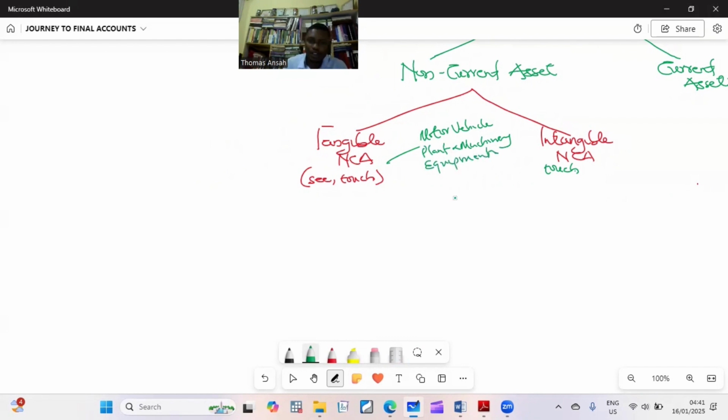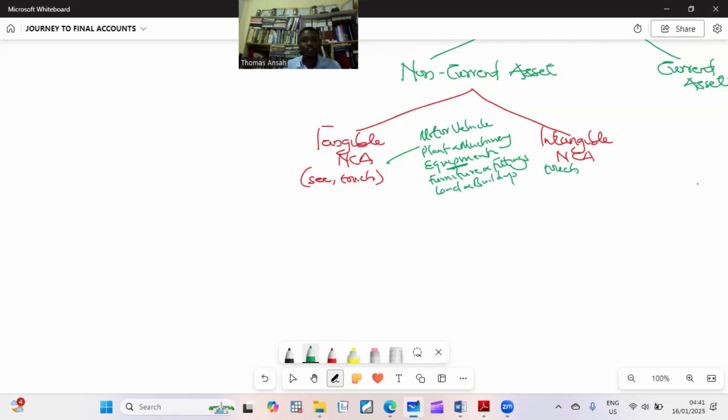You may remember something like furniture and fittings. You may remember something like land and buildings. So all these things are examples.